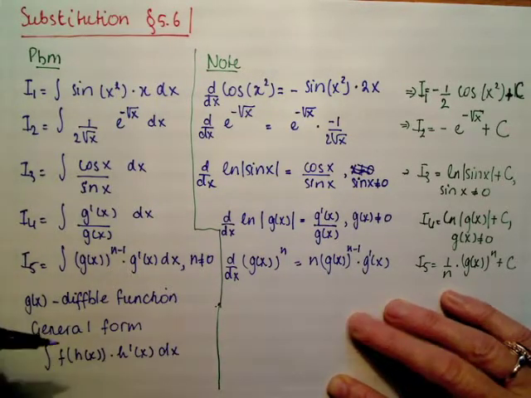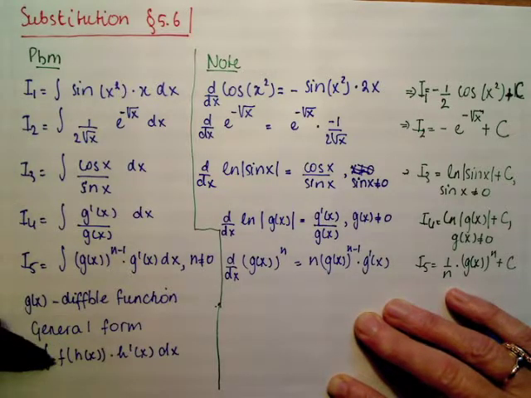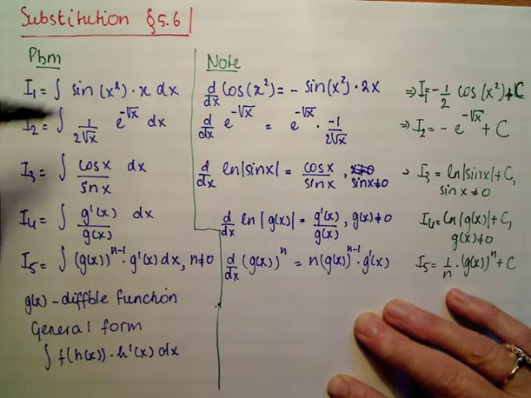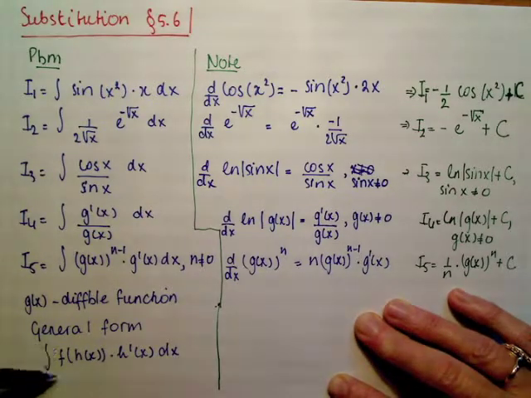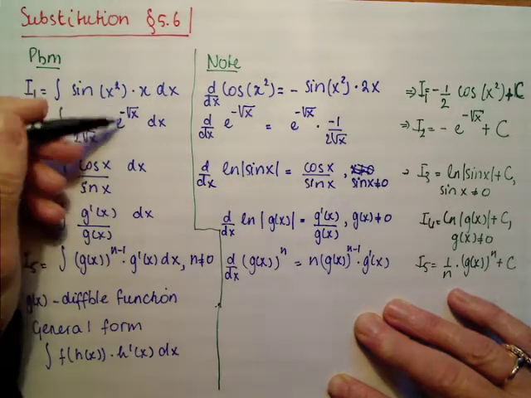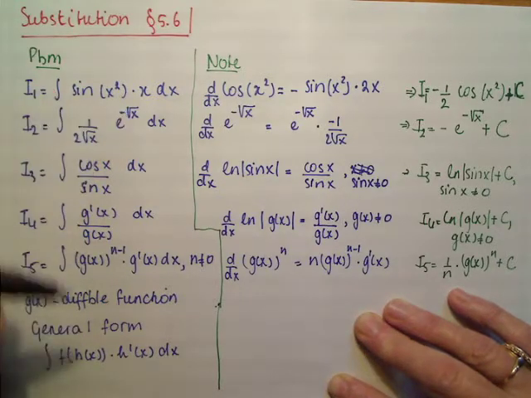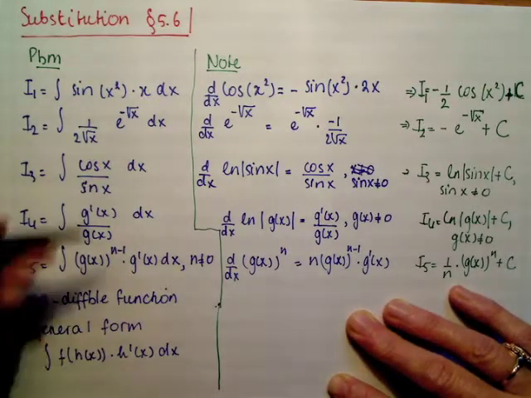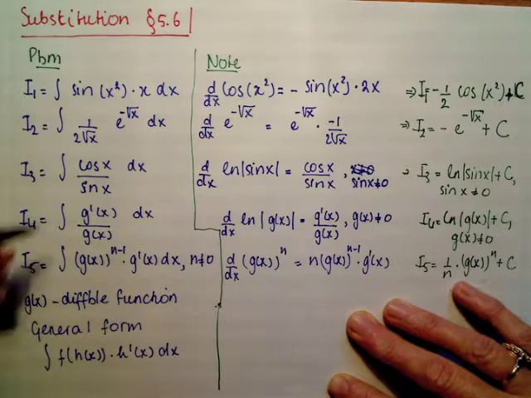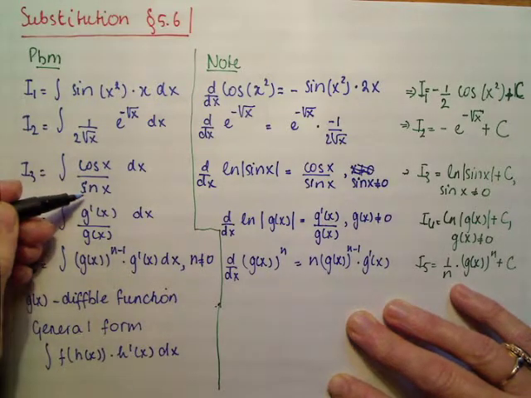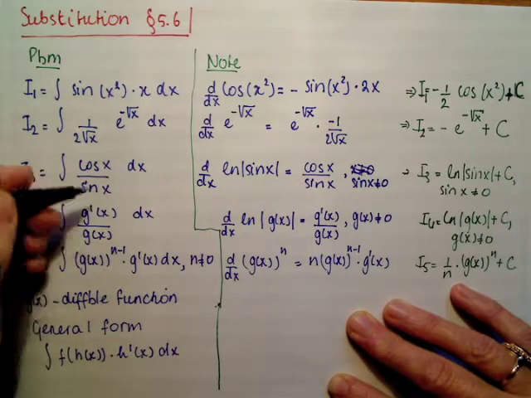So in case 1, our function little f is the sine function, and h of x is x squared. In the second case, the function little f was e to the minus x, and our function h of x is square root of x. The third one, little f, is equal to 1 over the argument, 1 over x, and our function h of x is sine of x.